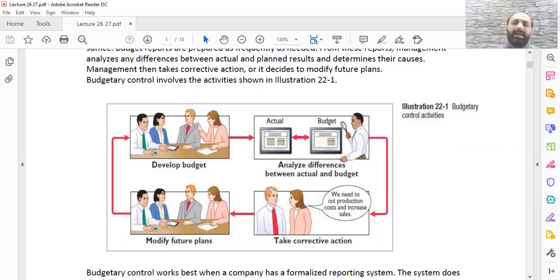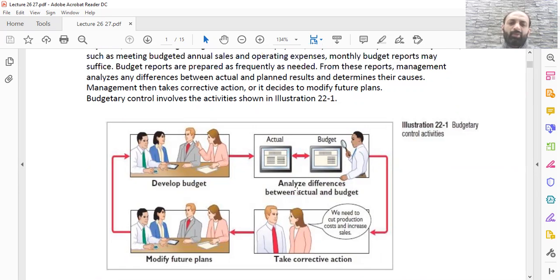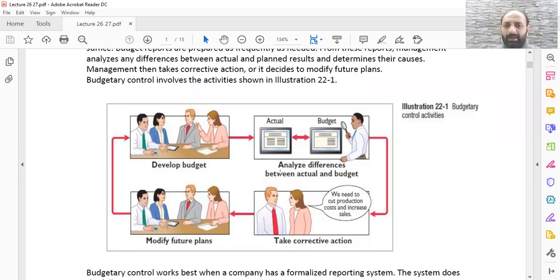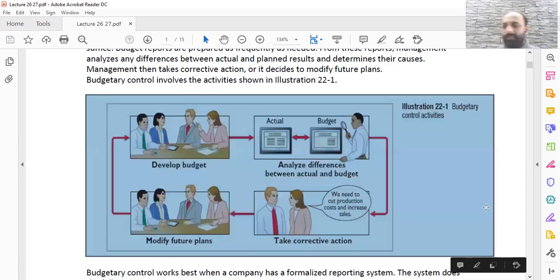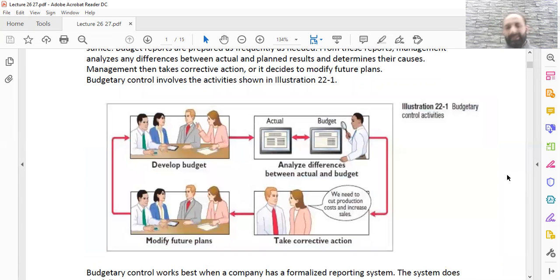So when you analyze your actual performance against the budgeted one, you normally have three scenarios. It is either the same, it is better, or it is worse. Whatever outcome you encounter, obviously you will have to take corrective action. उसके हिसाब से you will have to take steps to make sure कि जो आपकी performance है वो in line रहे. And then once you have taken those steps, you modify your future plans, and then you again make a budget and try to meet it.